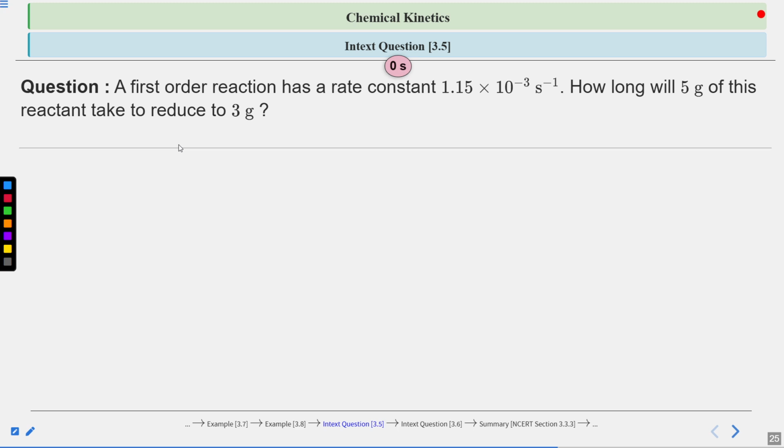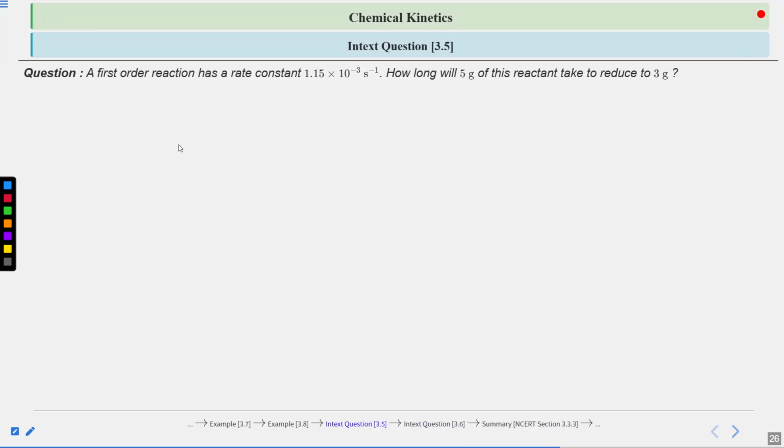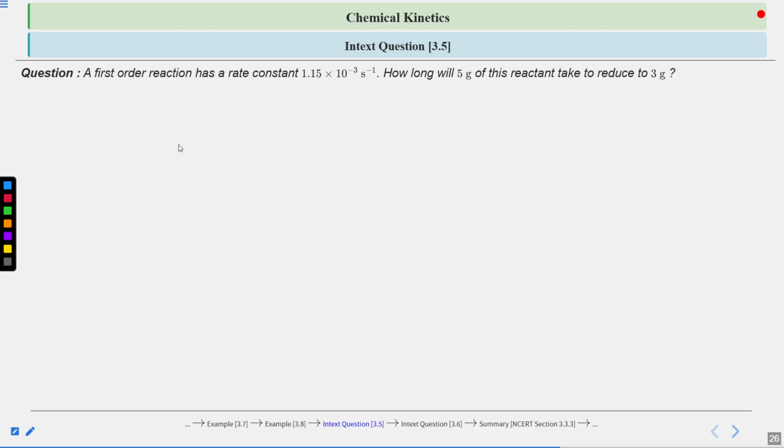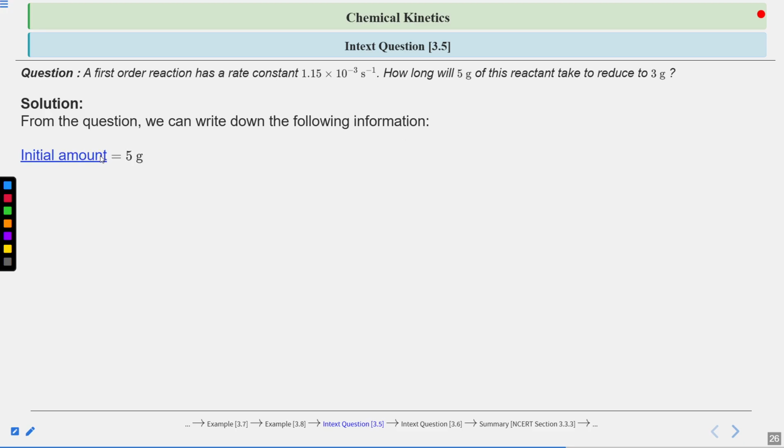Okay, let's see how you can calculate the time for this question. From the question, we can write down the following information which is already given: the initial amount of the reactant is 5 gram, the final amount of the reactant is 3 gram, and the rate constant is 1.15 times 10 to the power minus 3 second inverse.